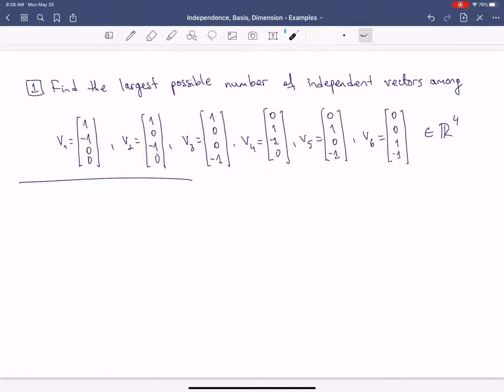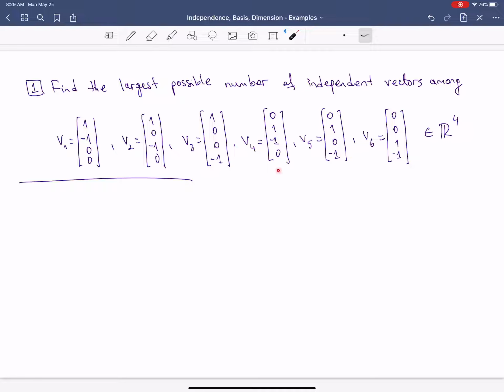Now this tells me that V3 cannot be combined with V1 and V2 to give 0 in a non-trivial way, unless I multiply everything by 0. Or, I cannot express V3 as a combination of V1 and V2 because V3 has -1 in the last position. So I see that these 3 vectors are definitely linearly independent.